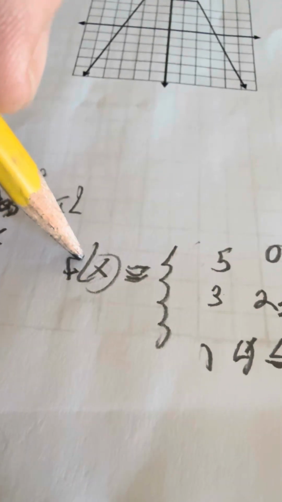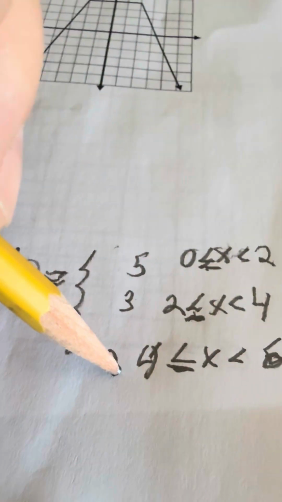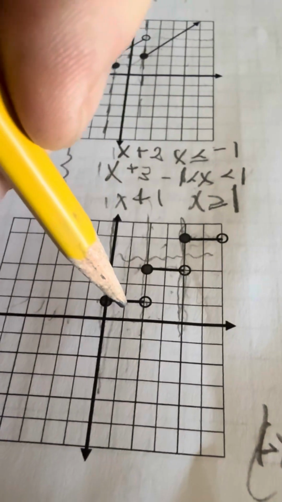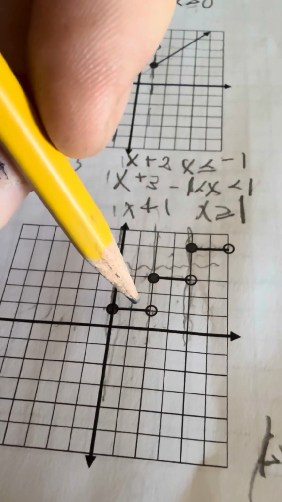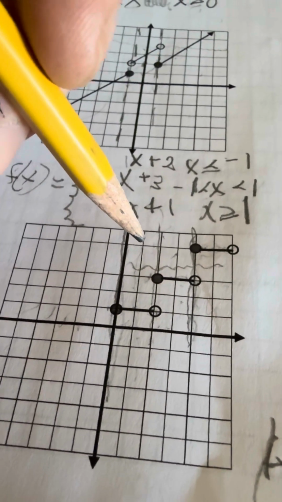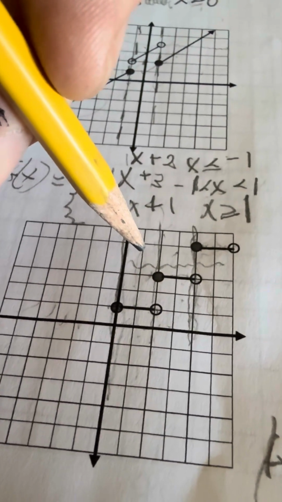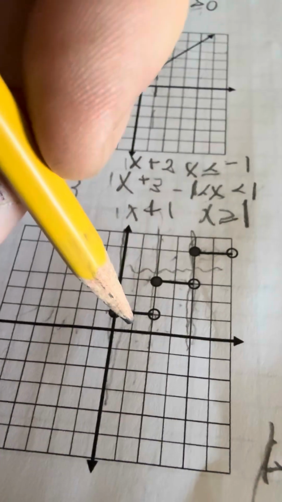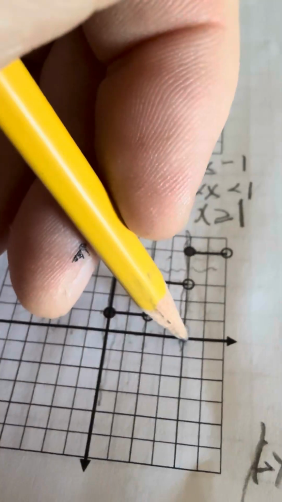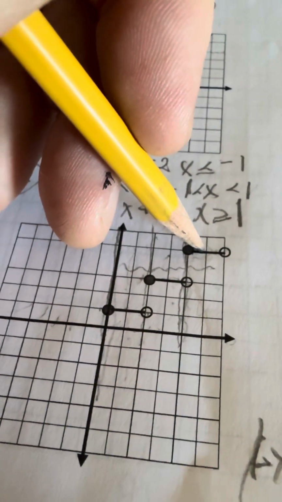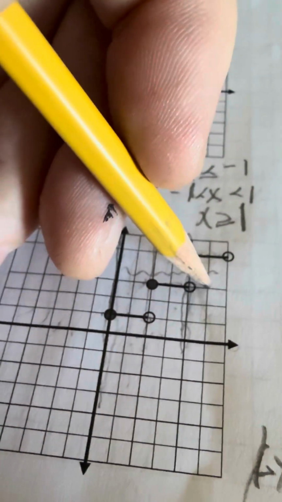Excellent. So the function is equal to 1 whenever x is between 4 and 6. No, the function is equal to 1, 2, 3, 4, 5 there. I've got this backwards.